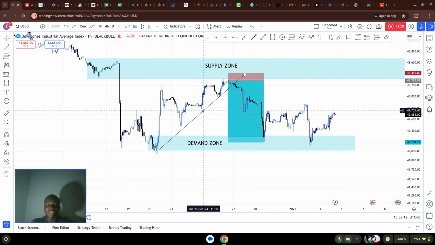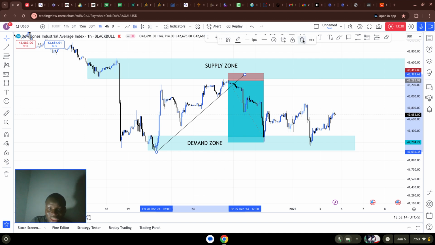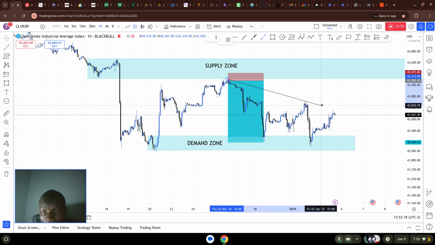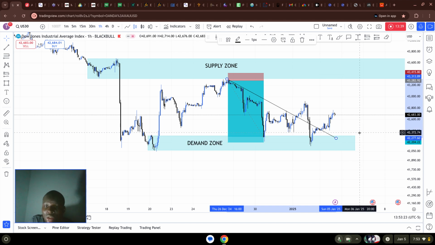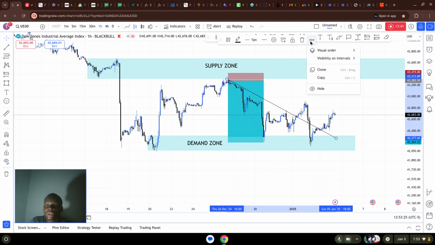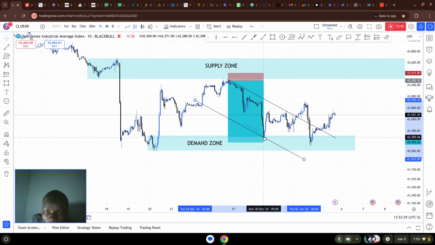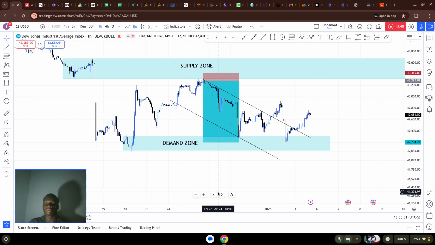So we have the trend line, then trend lines.